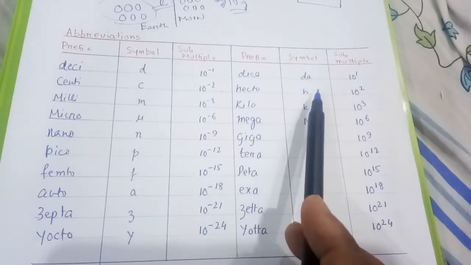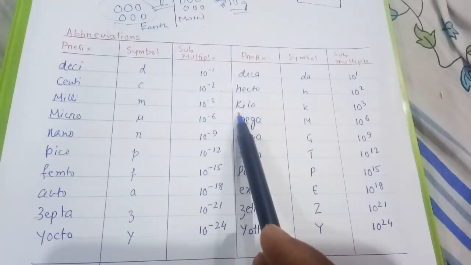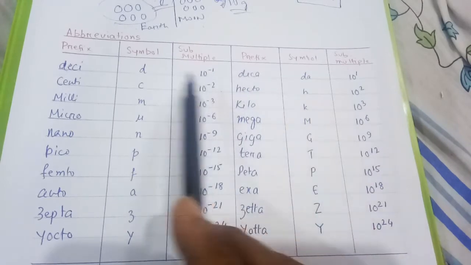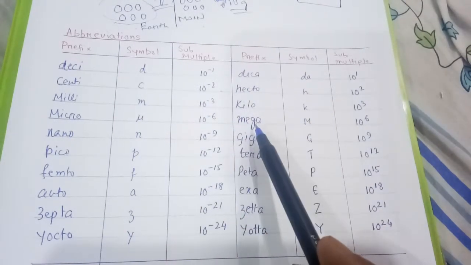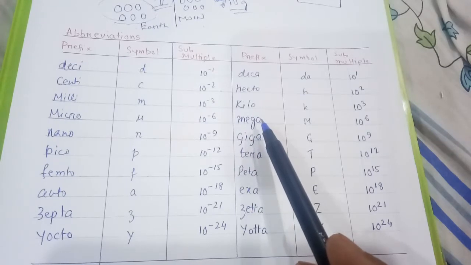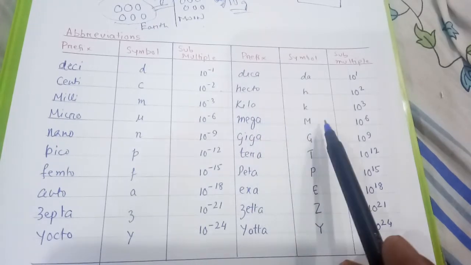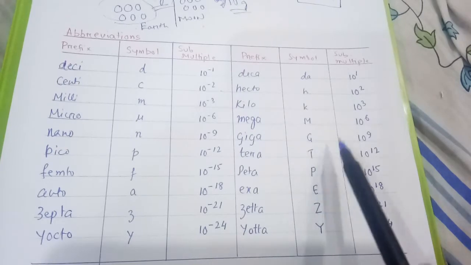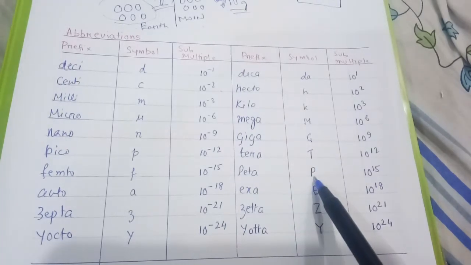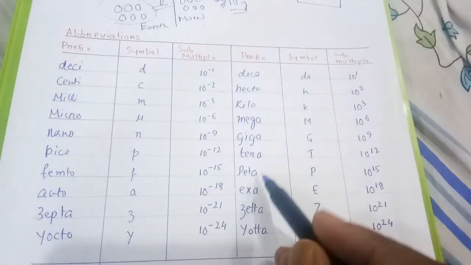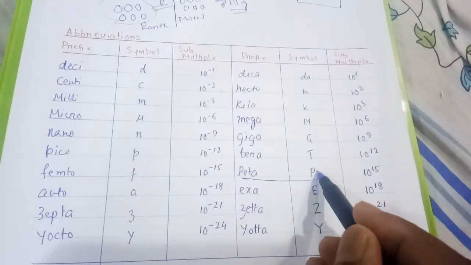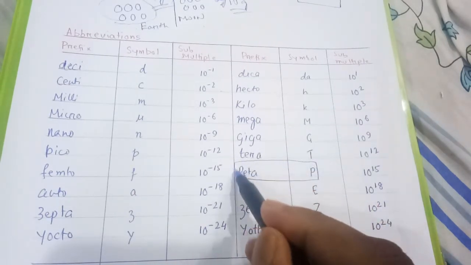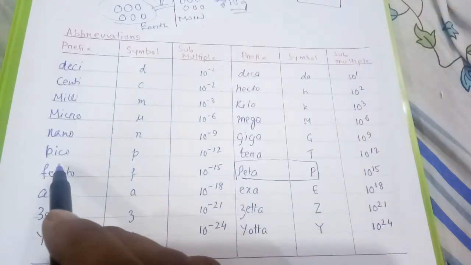Symbol is da, h, small k. So up to here the small alphabets are there. From mega we have to write the alphabets in capital: M, capital G, capital T, capital P. So here this peta and this pico.